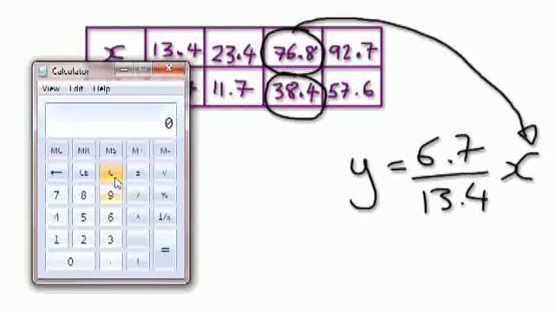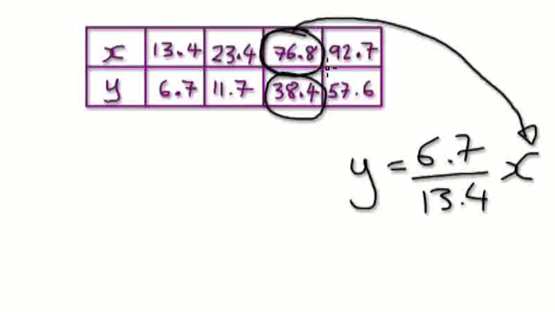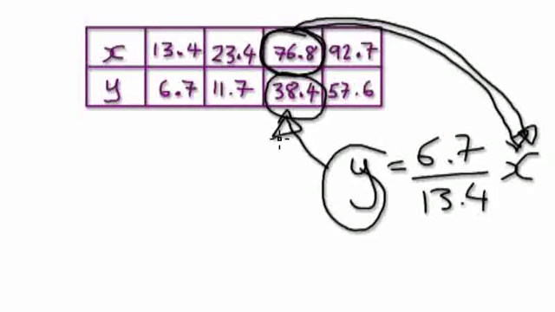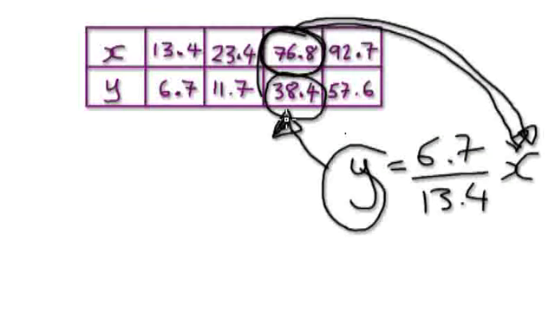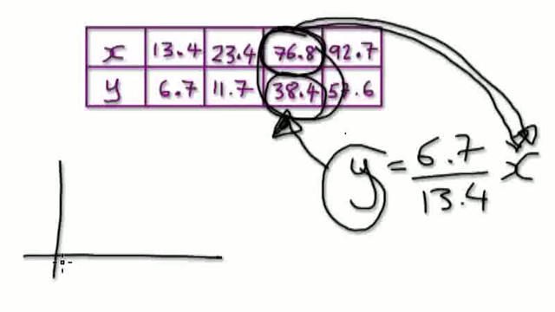So calculator, clear it. 6.8 times 6.7, and then divided by 13.4. So when we put this number into the x, the y value does actually equal 38.4. Then you know that this point actually lies on that line.